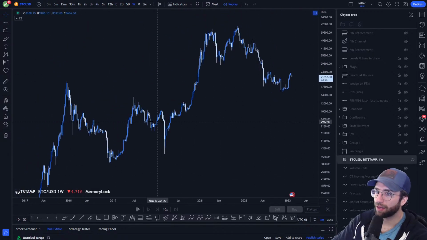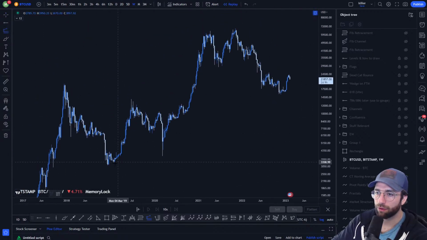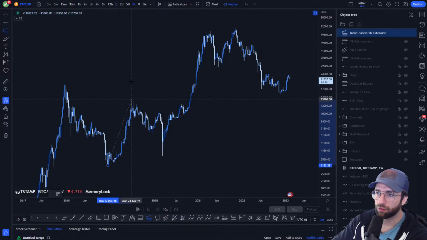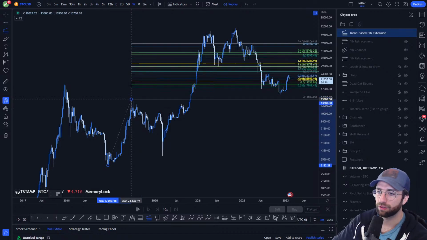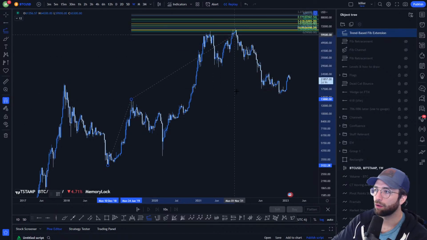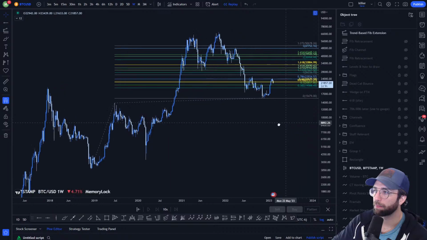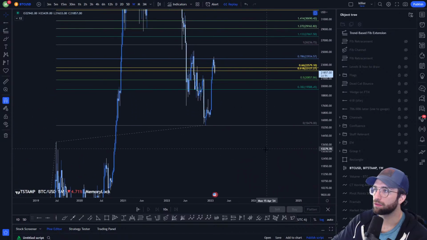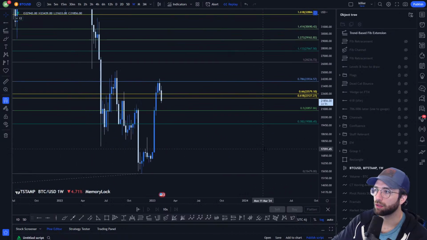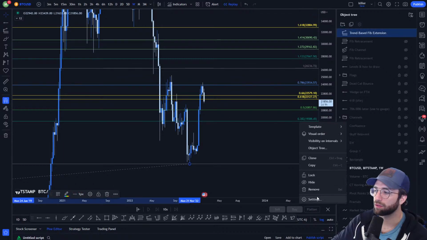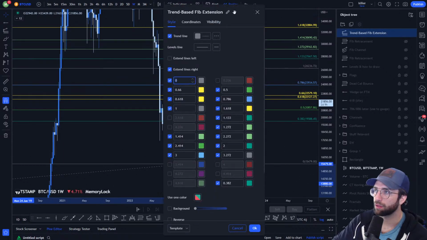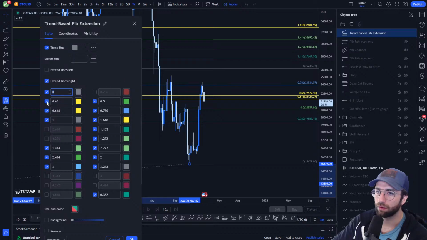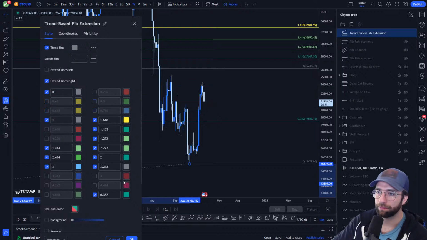So let's go ahead and do a pull from the low, left to right, to the swing high of our last bear market rally. Okay, and then we're going to put it at the low here. All right, and let's do some analysis. I'm going to get rid of some of these lower ones because I don't feel the need to have them in this example.